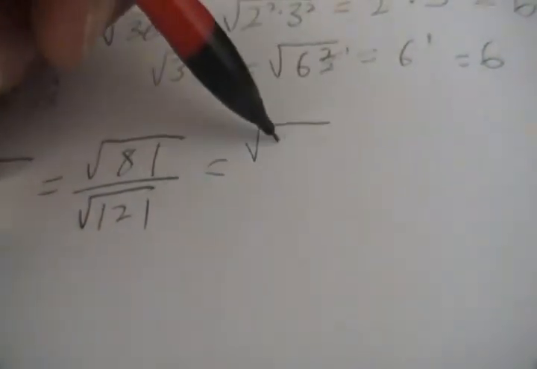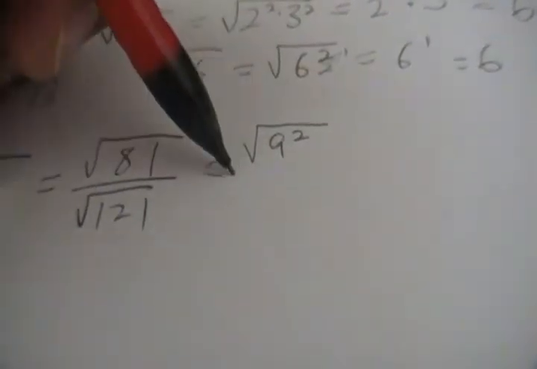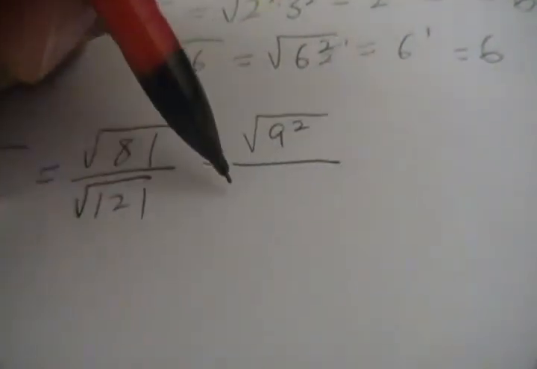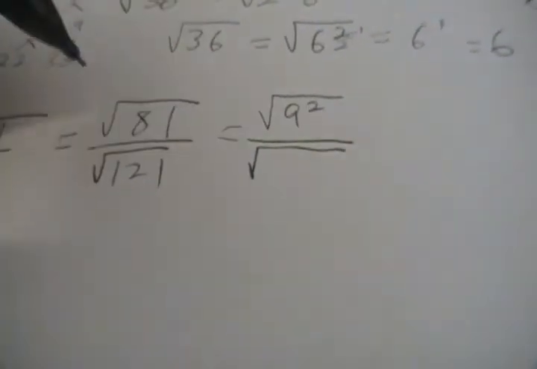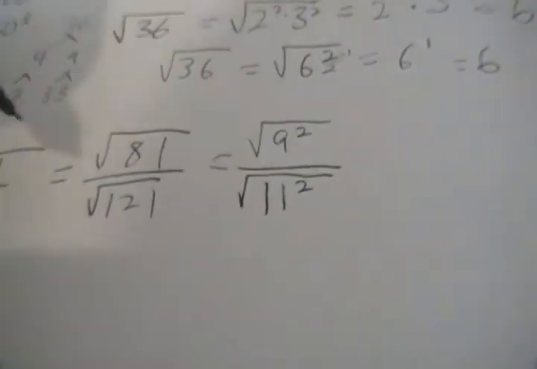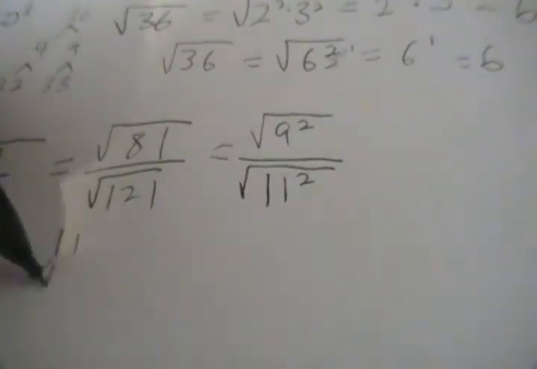So the square root of 81 is going to be the square root of 9 squared, right? Because 81 is 9 times 9. Divide that by the square root of 121. Now let's see, what would the factors of 121 be? Well, for time's sake, it's going to be 11 squared, because 11 times 11 is equal to 121.